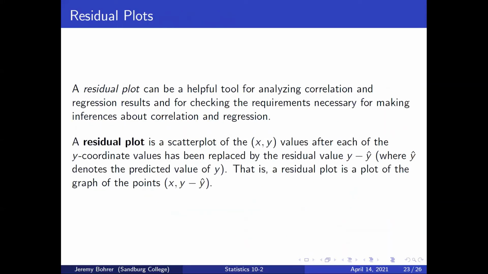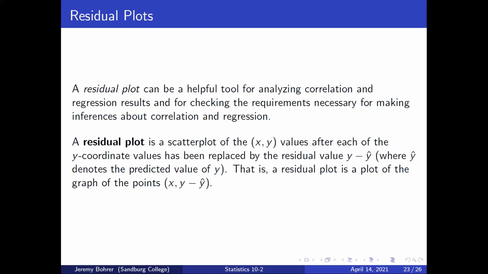A residual plot can be a helpful tool for analyzing correlation and regression results and for checking the requirements necessary for making inferences about correlation and regression. A residual plot is a scatter plot of the x, y values after each of the y coordinate values has been replaced by the residual value y minus y hat, where y hat denotes the predicted value of y.